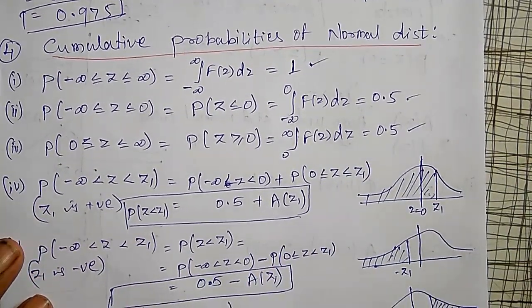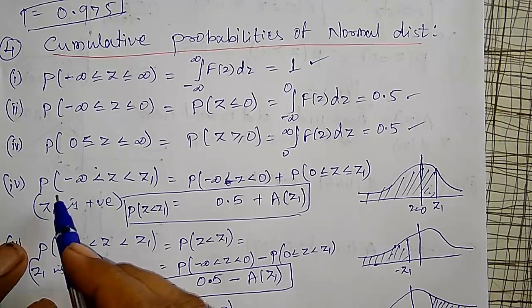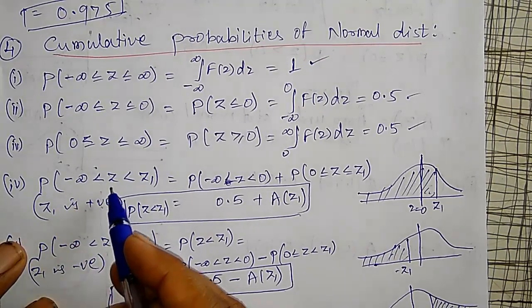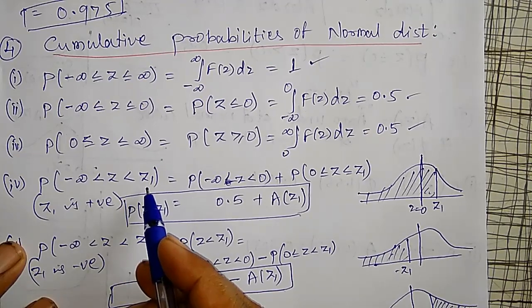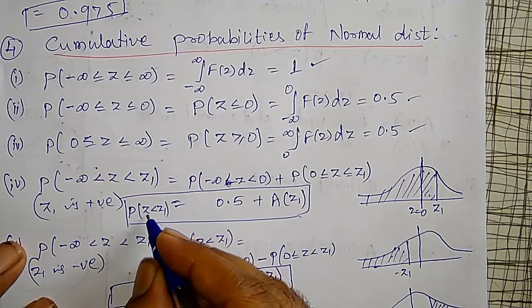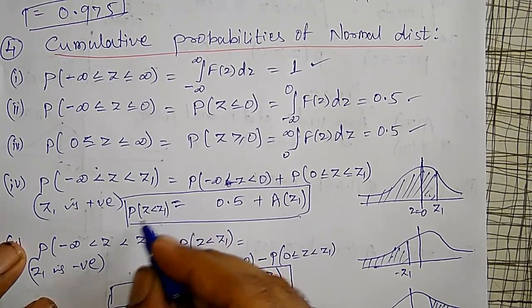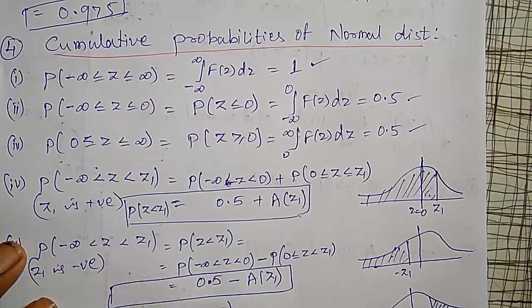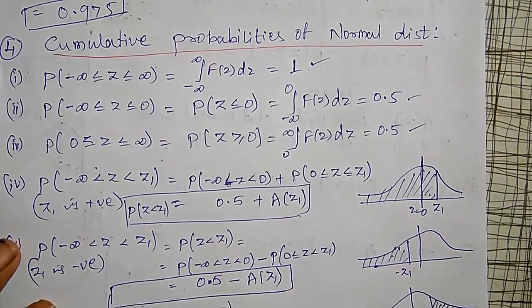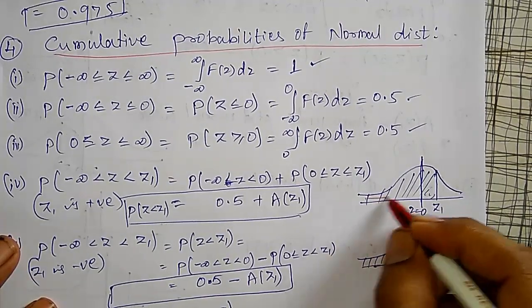Now comes this: if I want to find the probability between minus infinity and z1, that is, the probability of z less than or equal to z1, I want to find out. If z1 is positive, on the right side, then I will draw this simple curve and show this. This is the area required.